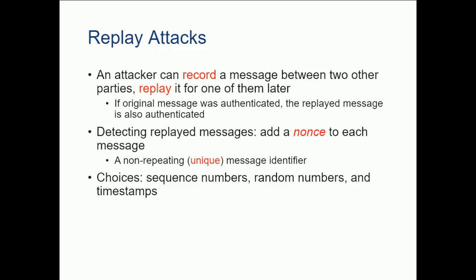Even if the attacker does not know the plaintext of the original message, he can still replay it. If we don't do anything, the replayed message will be accepted by the server.